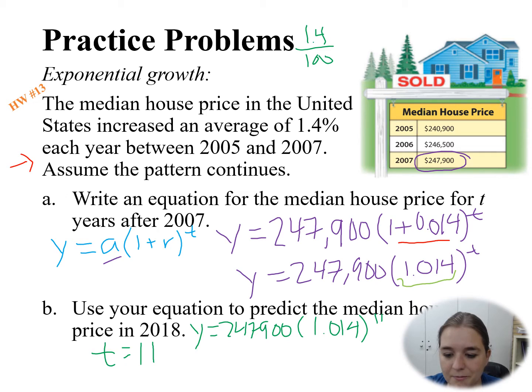I know my order of operations tells me I need to do that exponent before I can do anything else. So 1.014 to the power of 11 is 1.165245689.